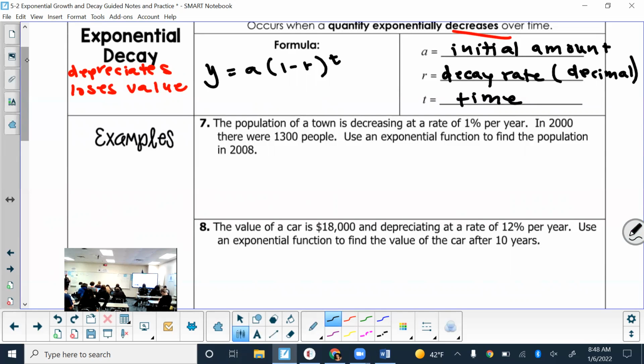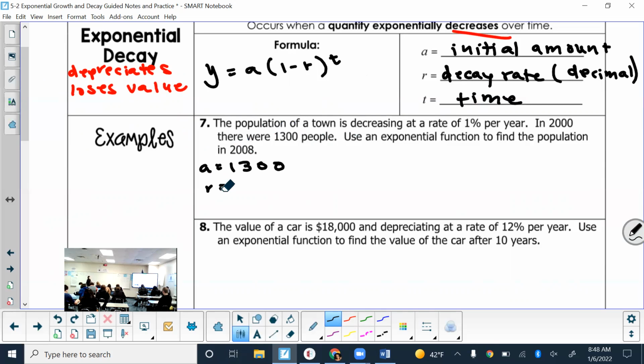So identify your 3 variables. All right, what's the A going to be? 1,300. Good, 1,300. But no one said 2,000, but like in the past, people have said that. So just make sure you're interpreting it the right way.